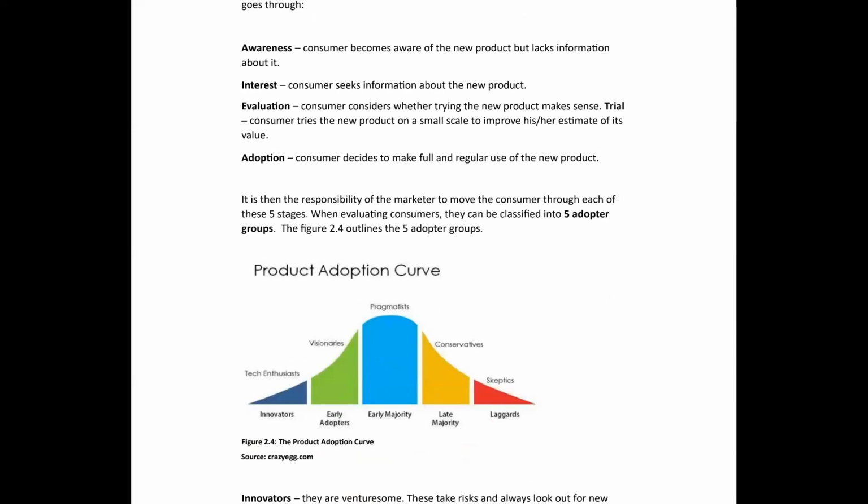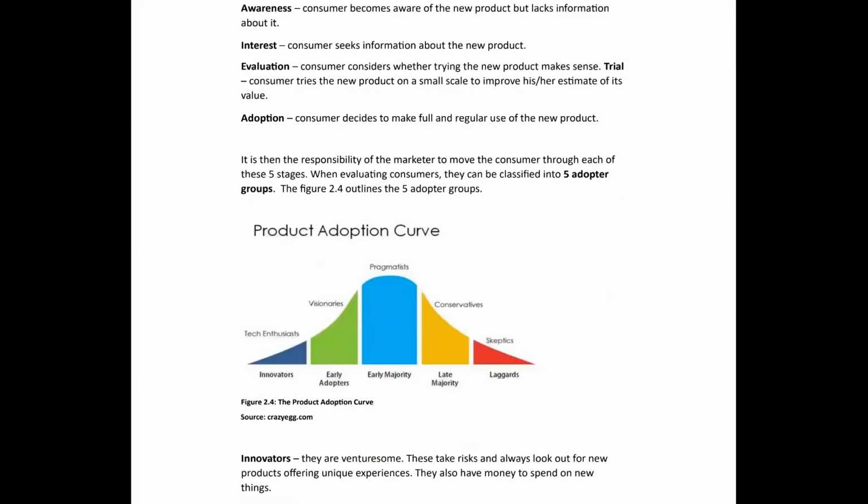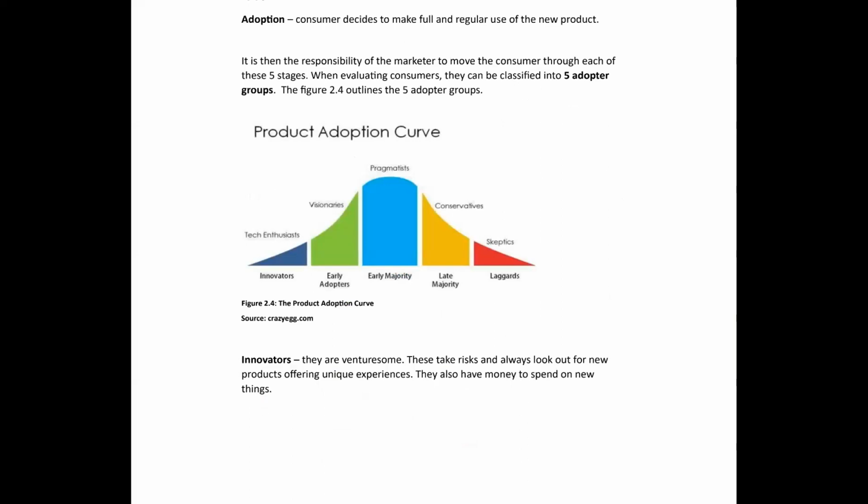That is where the customer decides to make full and regular use of the new product. That's the adoption process. Now, the product adoption process has got cycles, and these would include the following. They are what you call innovators, early adopters, early majority, late majority, and the laggards, the last ones.